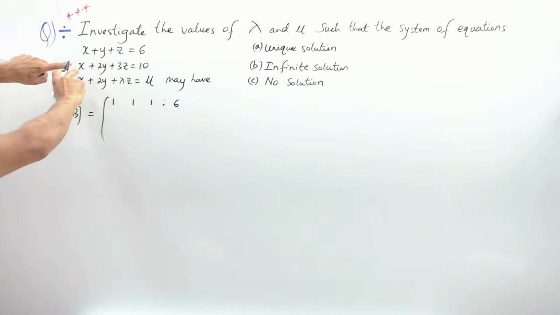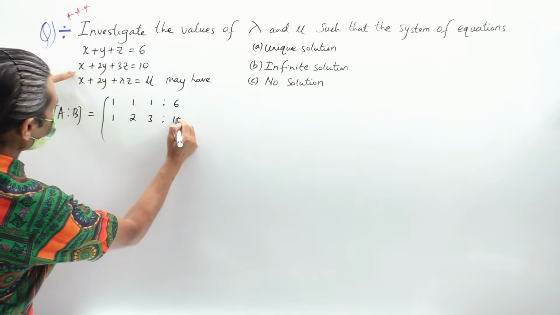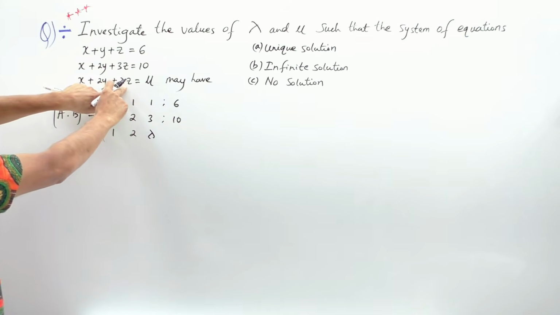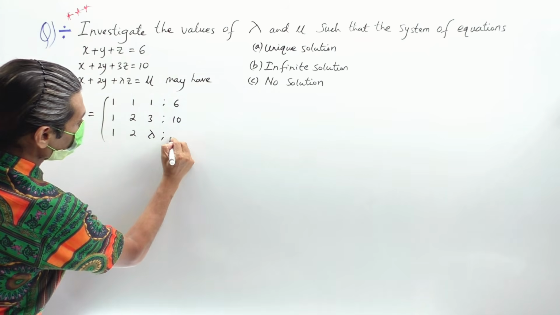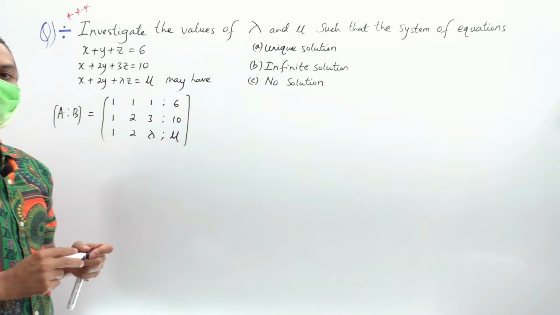Be careful of taking all this here. Then 1 2 3 semicolon 10, then lastly 1 2 lambda, the parameter is lambda z, and this is mu.